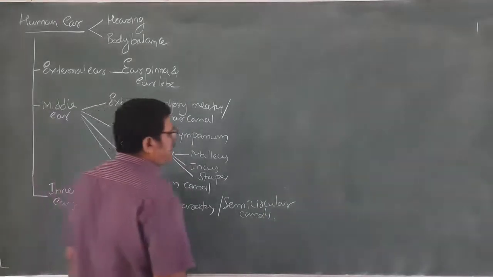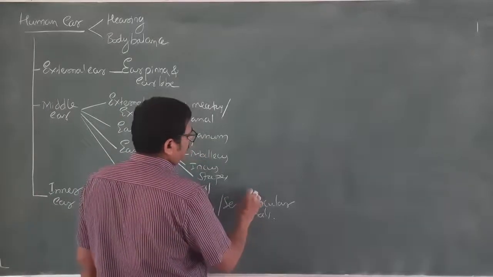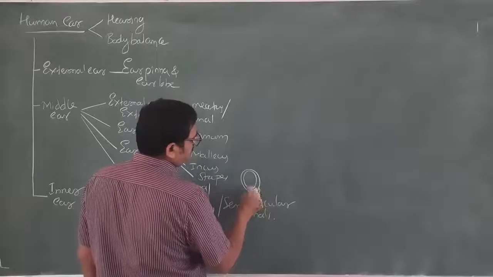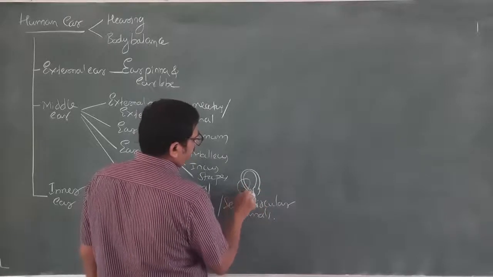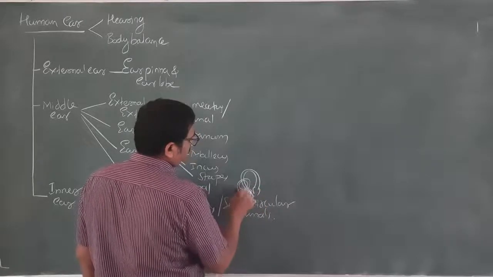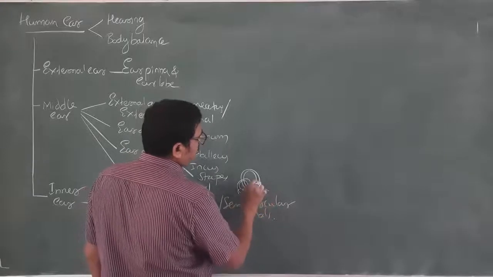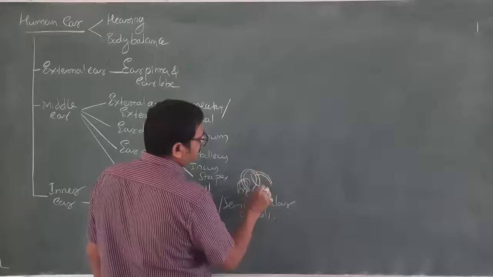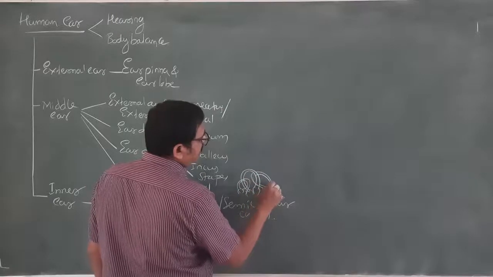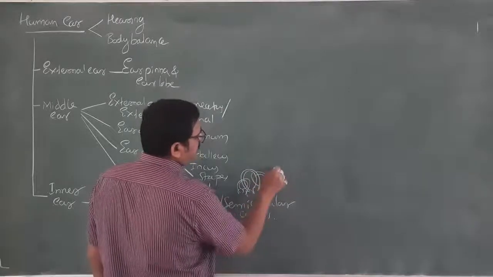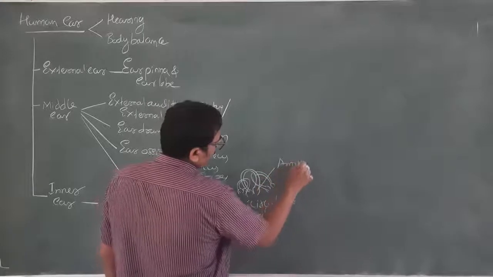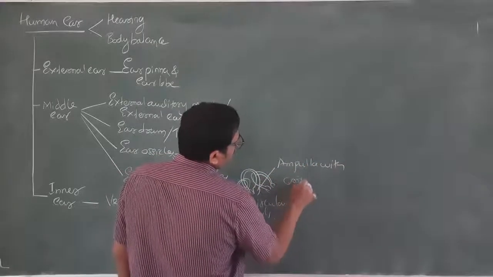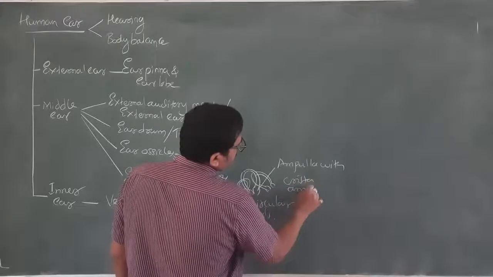There are three semicircular canals, like this. These are called ampulla, with crista ampullaris.